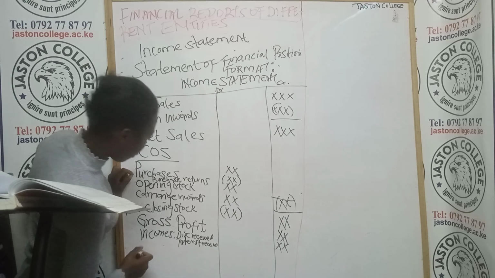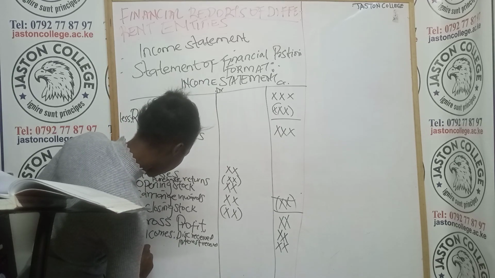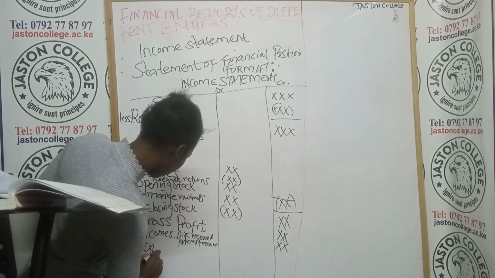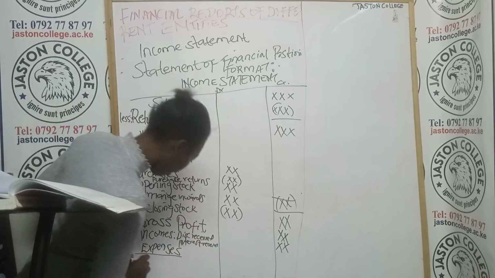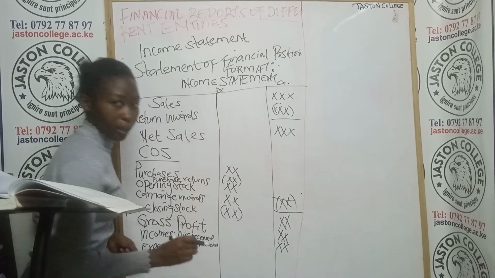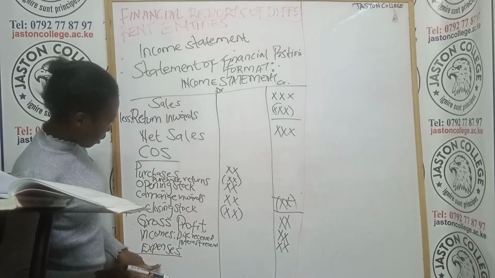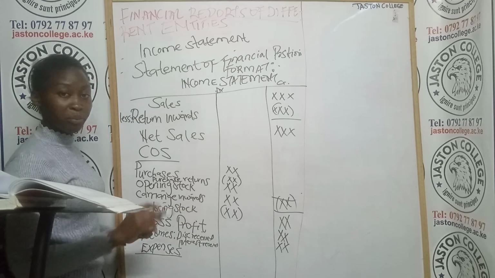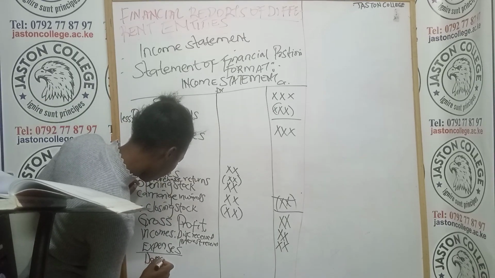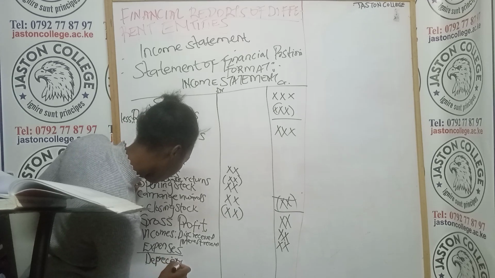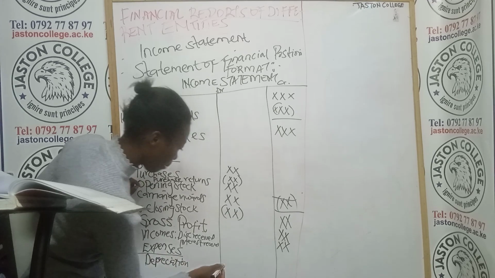Now over here we are going to find our expenses. So we will less our expenses. Let's say we have a car which depreciated. So our depreciation will become our expense.